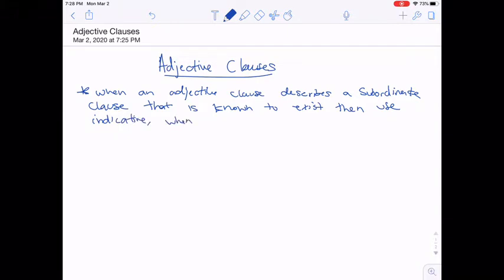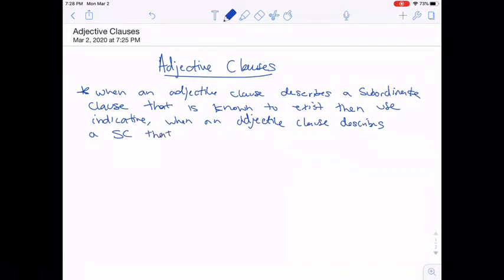When an adjective clause describes a subordinate clause that is uncertain or unknown, use the subjunctive.